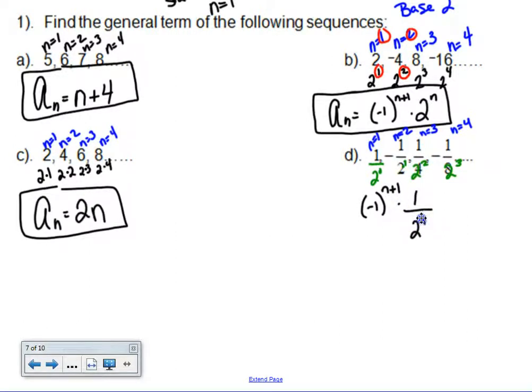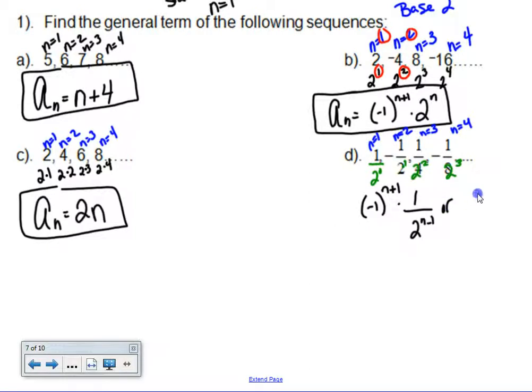Now it's not just the nth power, because you'll notice right here in the first term, 2 to the 0 power, my n is actually a 1. So what if I took the n and I knocked it down one level by subtracting a 1? So 2 to the n minus 1 power is in my denominator. For instance, right here, 2 to the n minus 1 power would be 2 to the 2 minus 1 power. Yep, that's a 1. 2 to the 3 minus 1 is 2. 2 to the 4 minus 1 is 3. I think we have our answer.